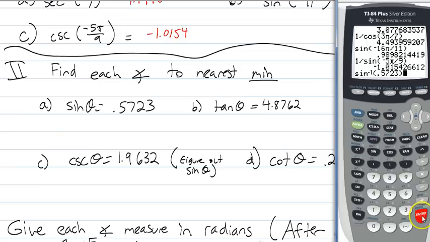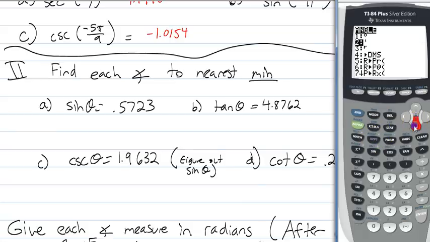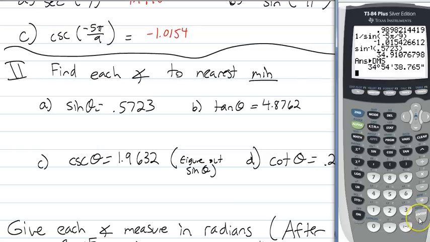So we hit enter and we get that, but that's not to the nearest minute. So we hit second angle and go to DMS, and we get 34 degrees, 54 minutes, 38.765 seconds. Here's where you have to be careful. To the nearest minute, you have to round up if you have bigger than half.